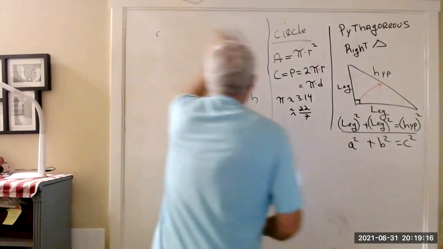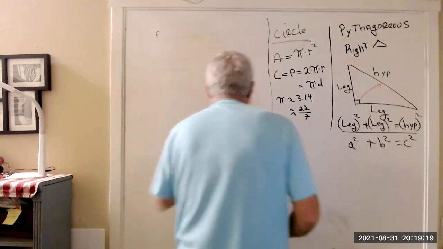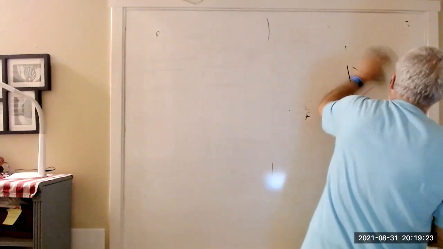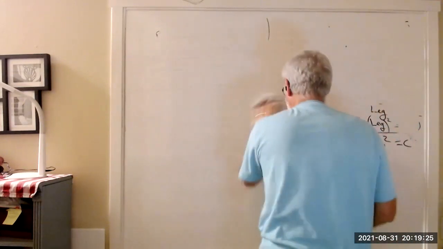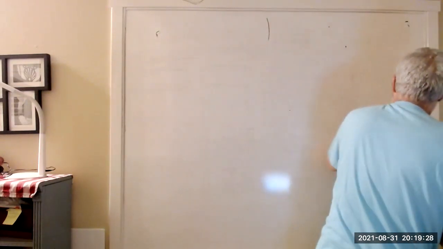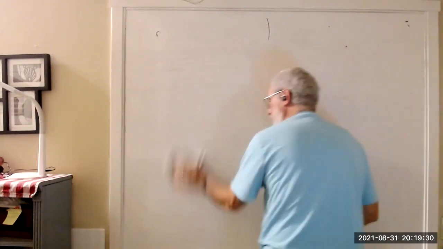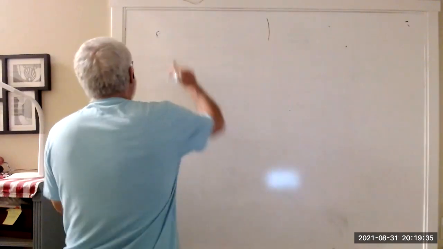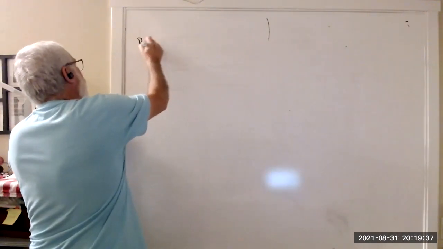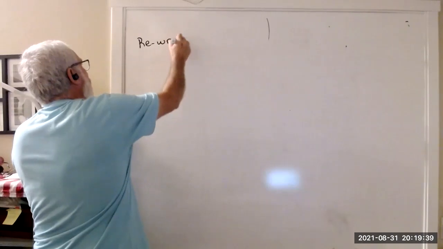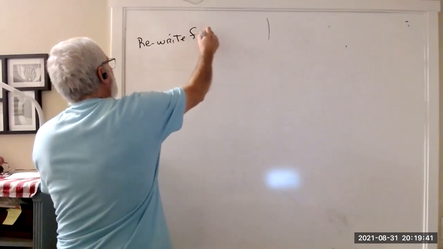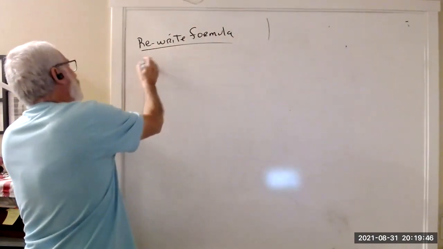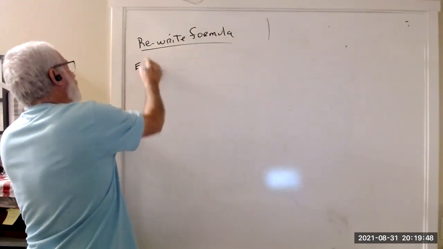Well, one of the things we do in algebra with formulas is we make you rewrite them. So, for example, we want to rewrite a formula. You're going to see this in Mom.